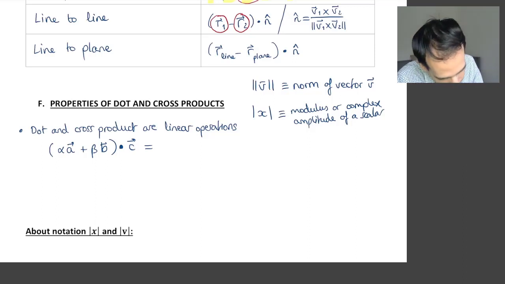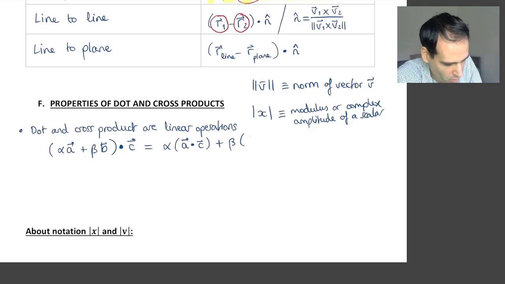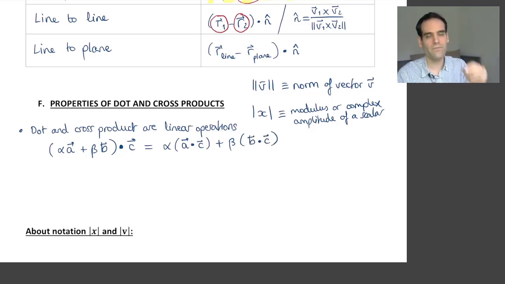So you can literally get alpha outside and do alpha times the dot product A dot C plus beta times the dot product B dot C. And this would also be true if instead of dot we have the cross product. So this is the linearity of the dot product and the linearity of the cross product. Two very important properties. You will hear more about them in the following chapters.